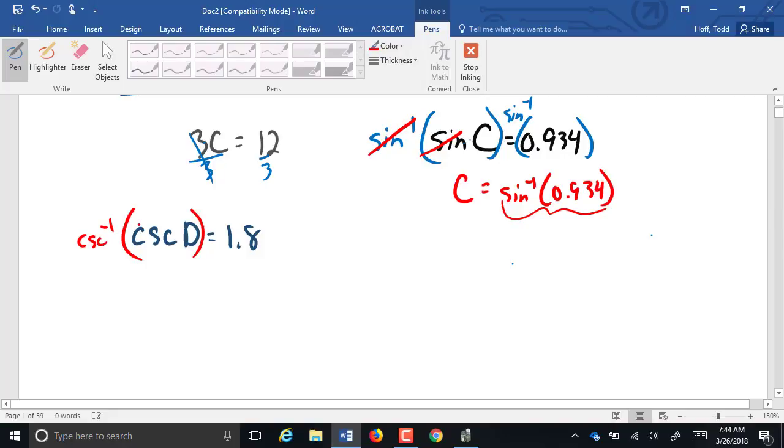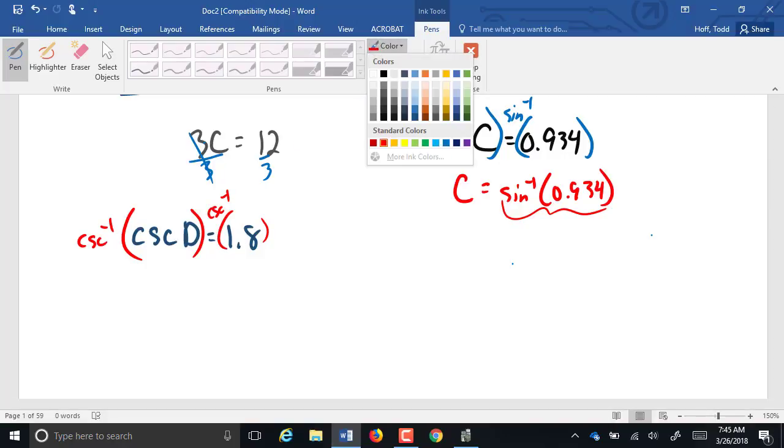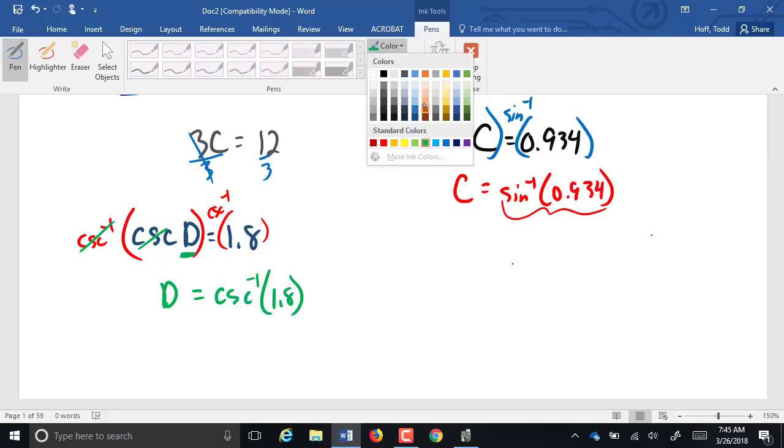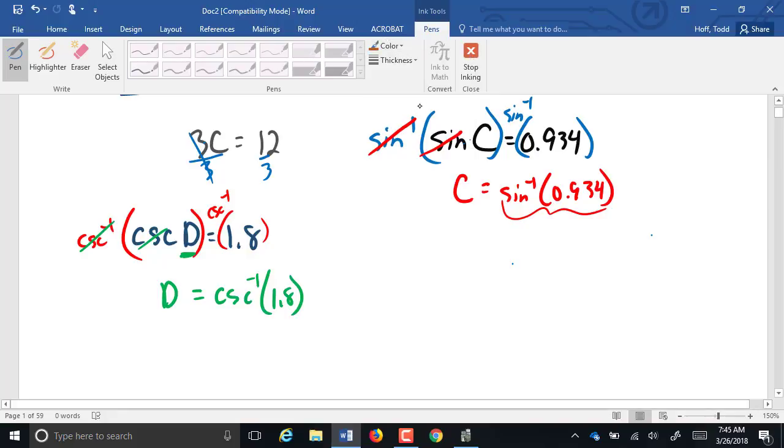So it's an inverse cosecant. So again, the inverse cosecant and cosecant cancel out, leaves me with just d equals the inverse cosecant of 1.8. So the difficulty here is we don't have a cosecant button on our calculator.